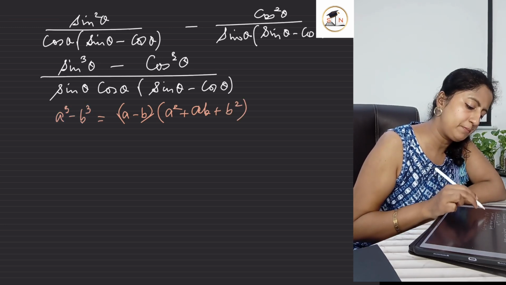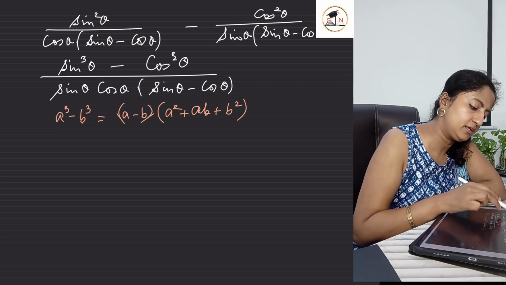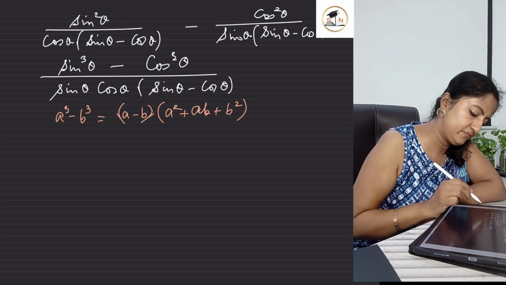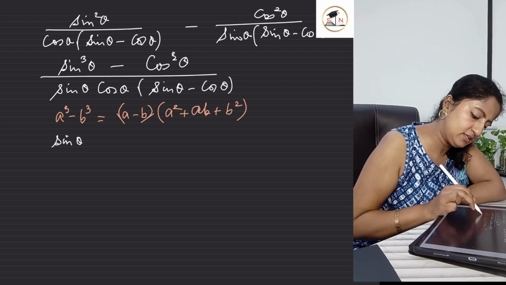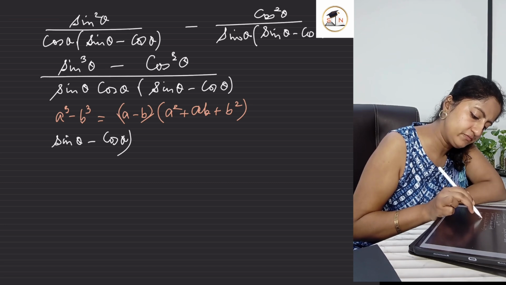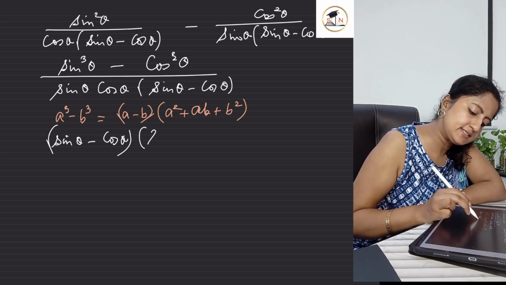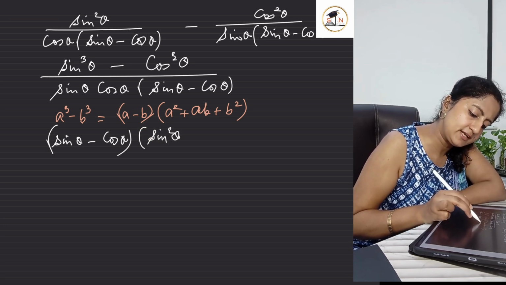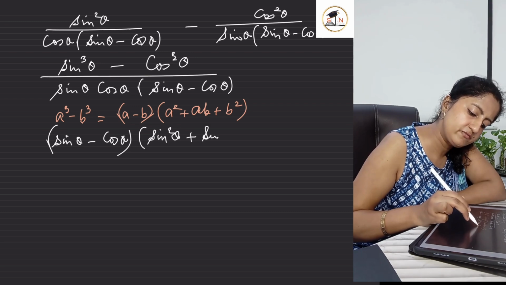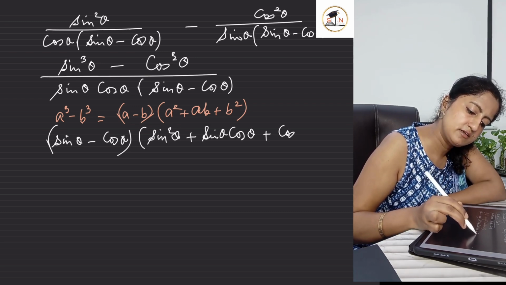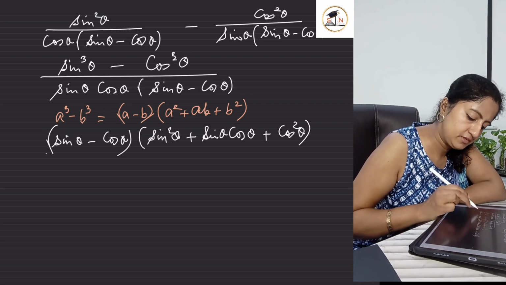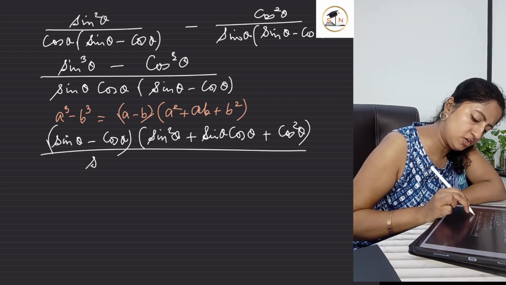Okay, so I'm going to apply this identity in the numerator now, which is going to give me sine theta minus cos theta as the first bracket. The second bracket results in sine square theta plus sine theta cos theta plus cos square theta, divided by the denominator, which remains as it is.